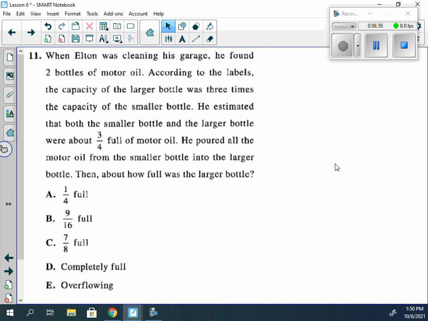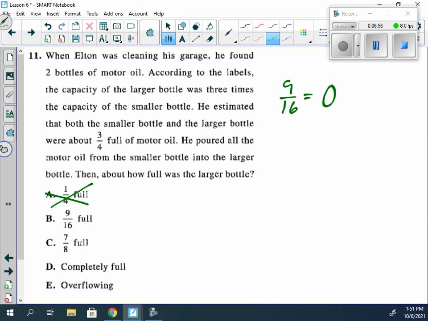Does A even make sense? No, because how full is it right now? 3/4. So is it going to go down? No. Okay. 9/16. Because what is 9/16, or 9 divided by 16, as a decimal?